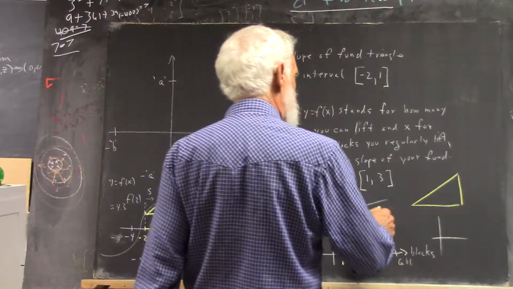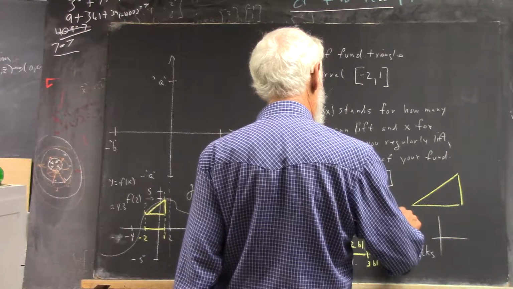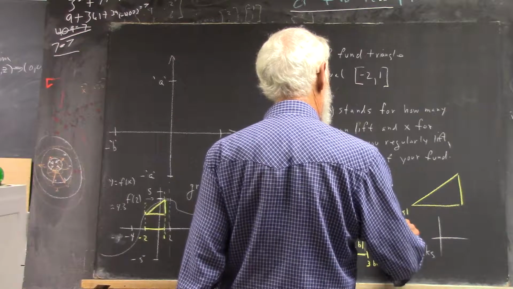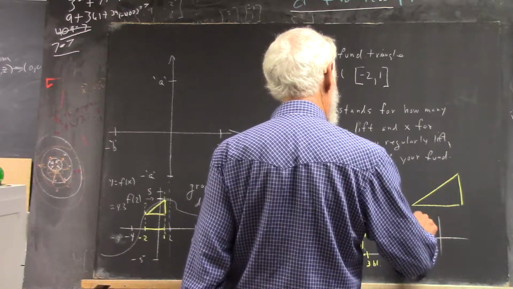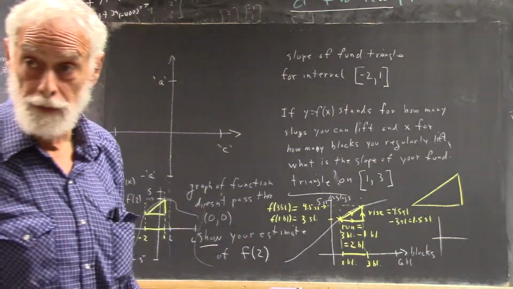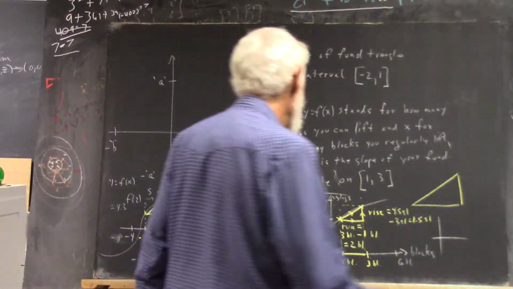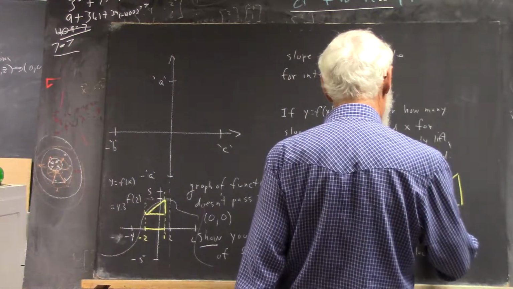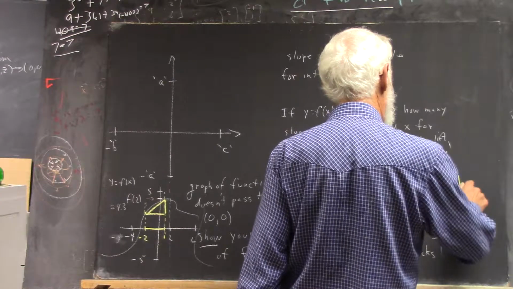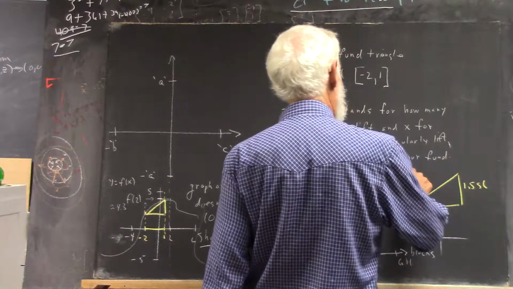But, okay, first I calculate the rise, which is in my case 1.5 slugs. Okay? Then over here I can say, well, I know this is the run. This is 2 blocks. This is 1.5 slugs.